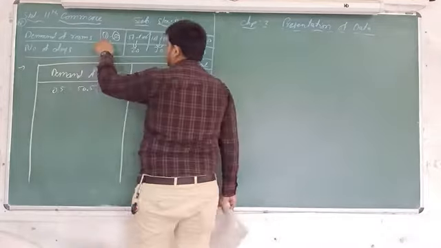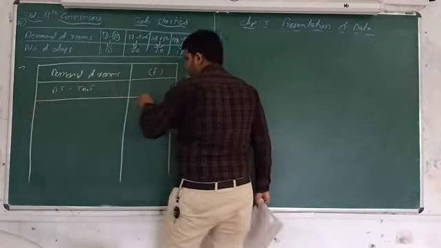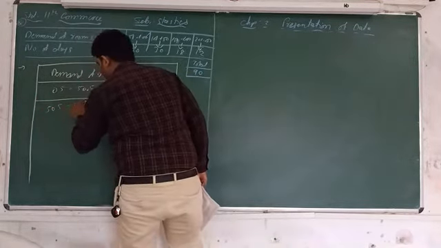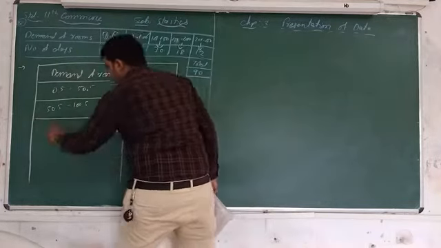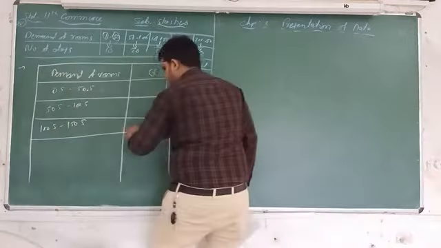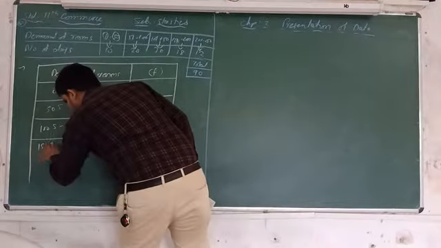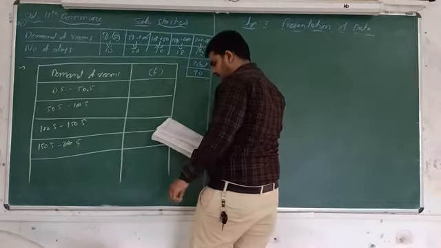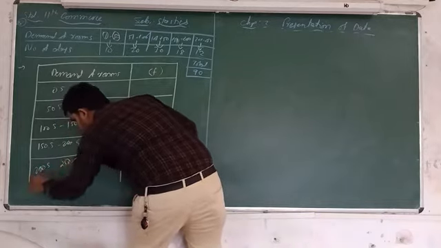We have to deduct 0.5 here and add 0.5 here. So the second class is 50.5 to 100.5, the third class 100.5 to 150.5, the fourth class 150.5 to 200.5, and the fifth class 200.5 to 250.5.